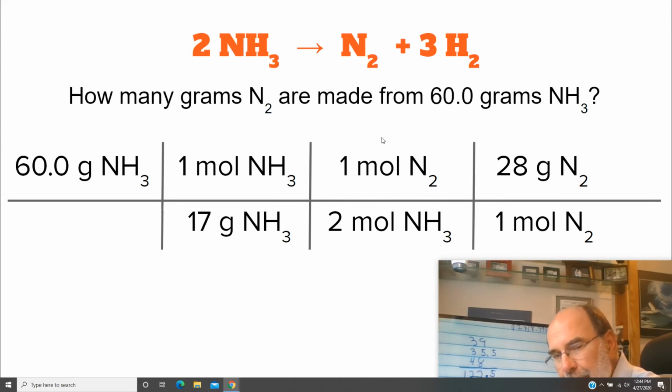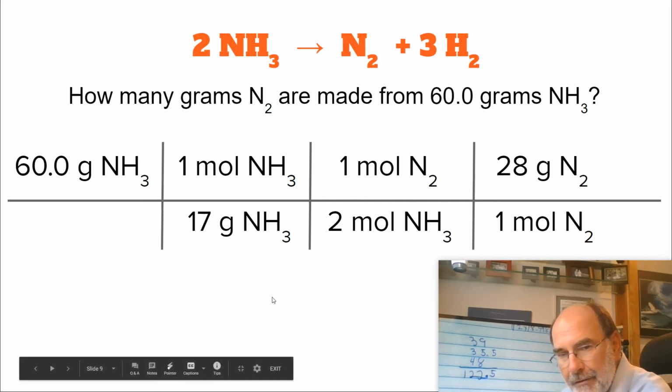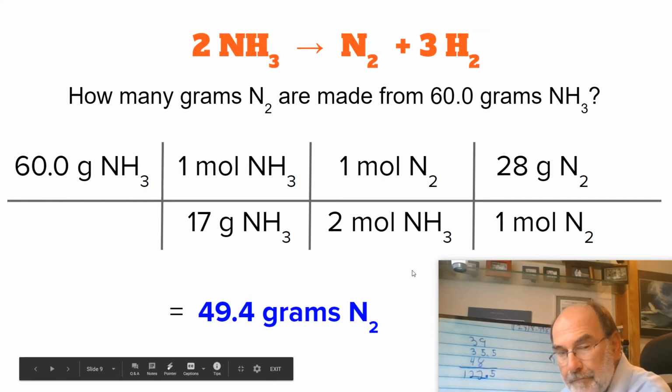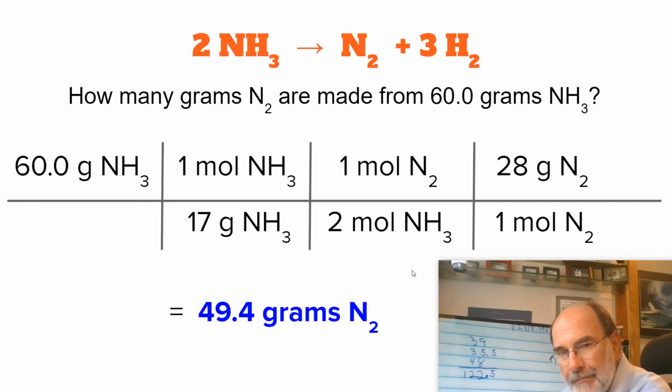And finally, fourth column on the right, for every 1 mole of nitrogen gas, I need 28 grams because it's 2 nitrogen atoms, not 1, in this diatomic molecule. And do the math, and it works out to 49.4 grams of nitrogen gas.